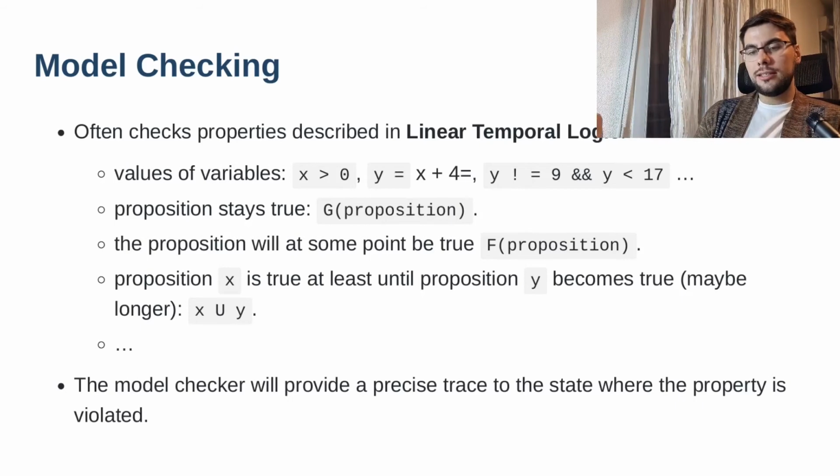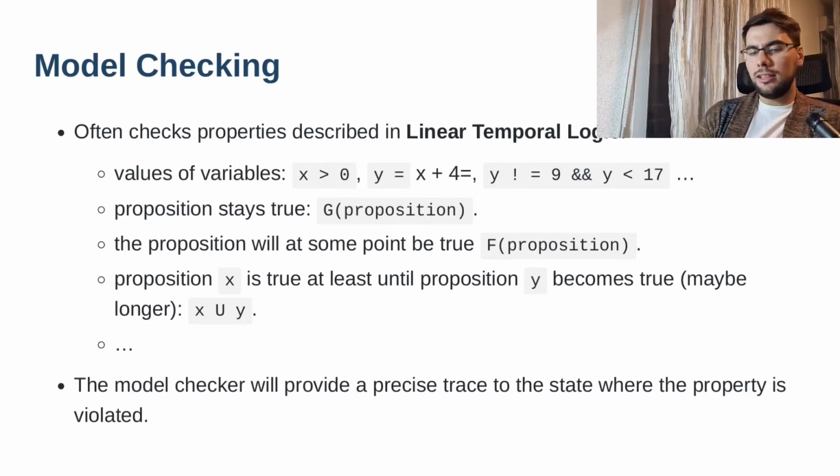Rice's theorem doesn't hold any power over us anymore. The properties are described using logical formulae. In classical logic, we can construct propositions describing the program state like x is greater than 0. And we are also able to connect them using operations like and, or, not.